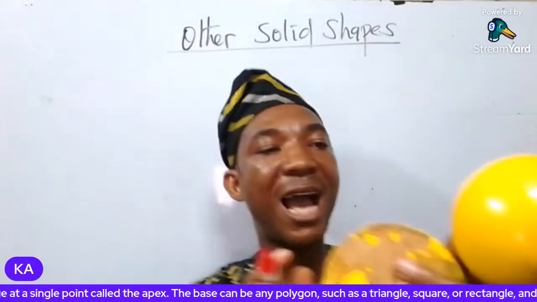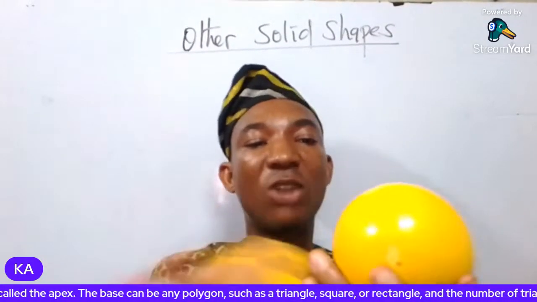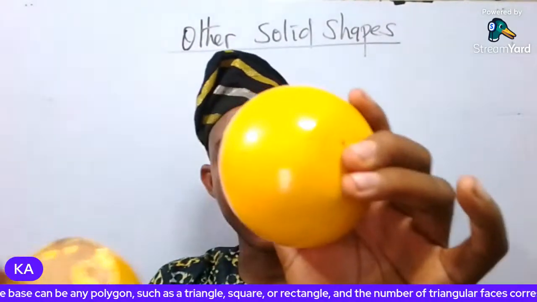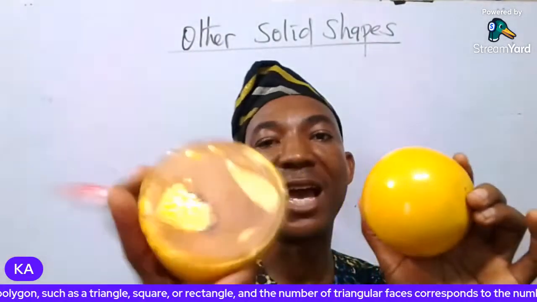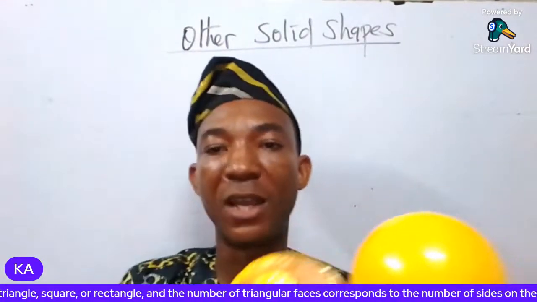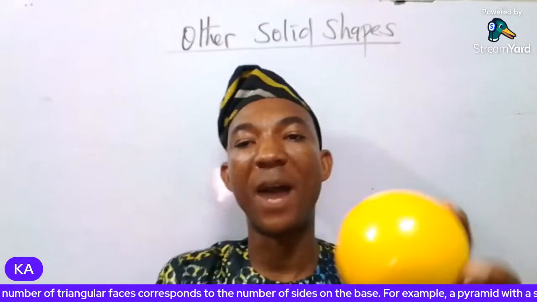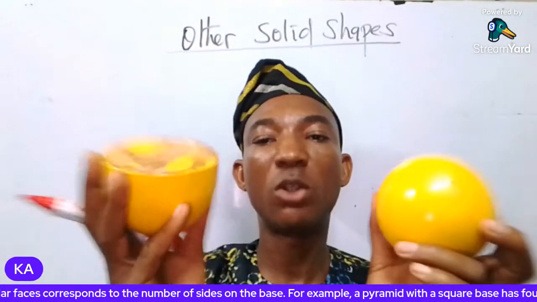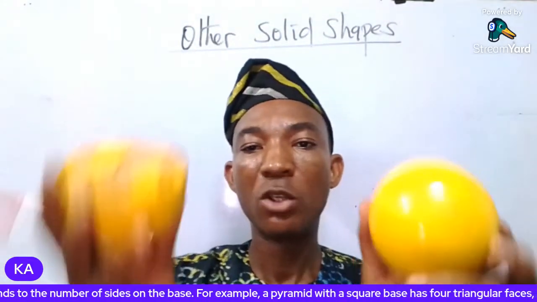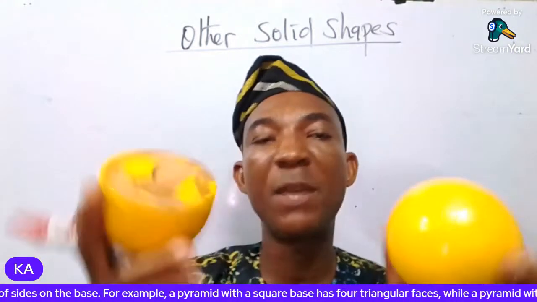What is a hemisphere? A hemisphere is just half of a sphere. If you cut a sphere into two equal parts, each becomes a hemisphere.